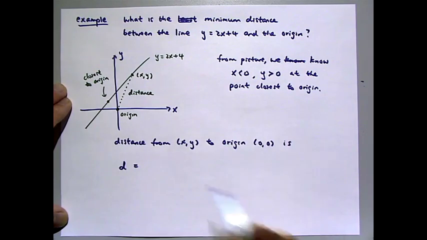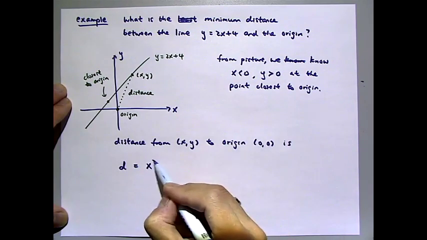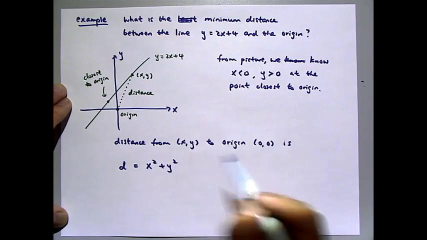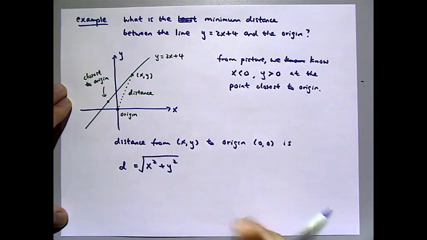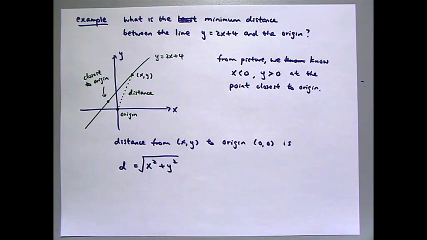D is equal to the square root of x minus 0 squared plus y minus 0 squared. So there's the distance formula. We want this to be the minimum. We want to find x and y such that d is as small as it can get. Just like in the previous 2 examples, one of these 2 has to go.